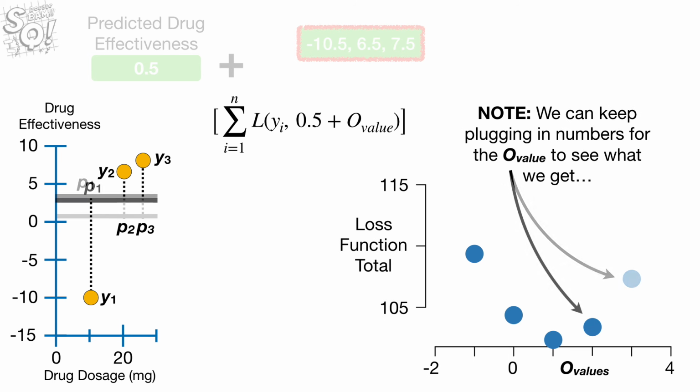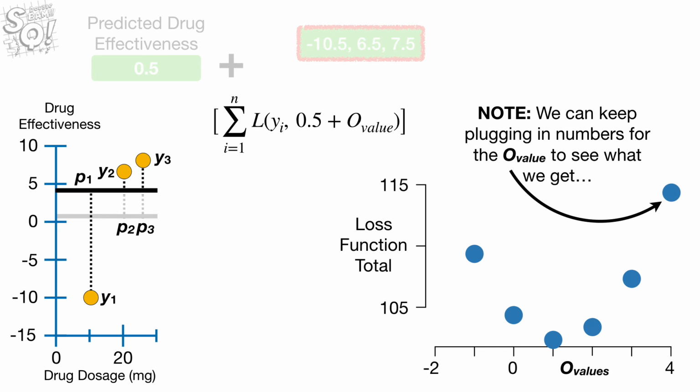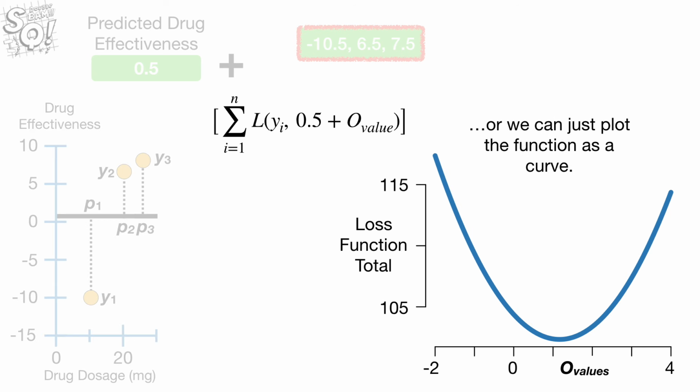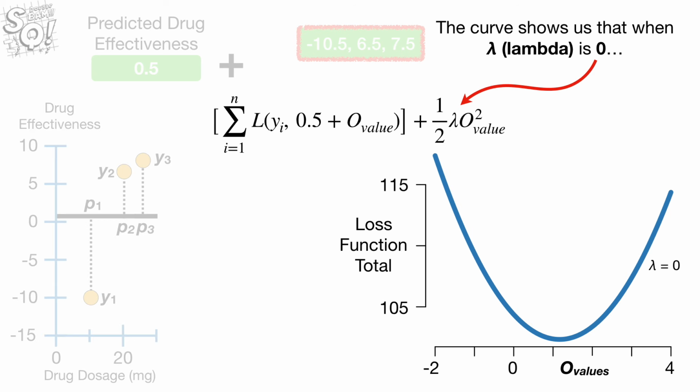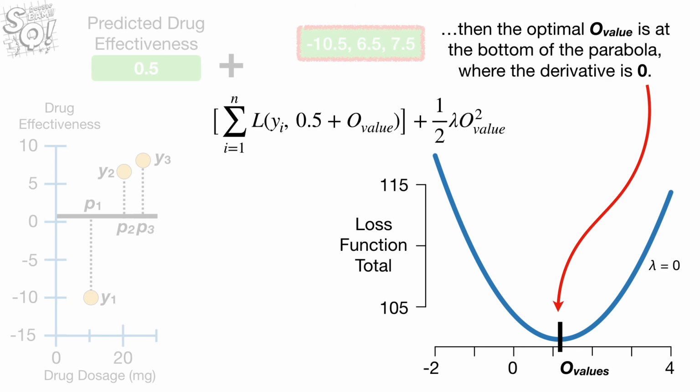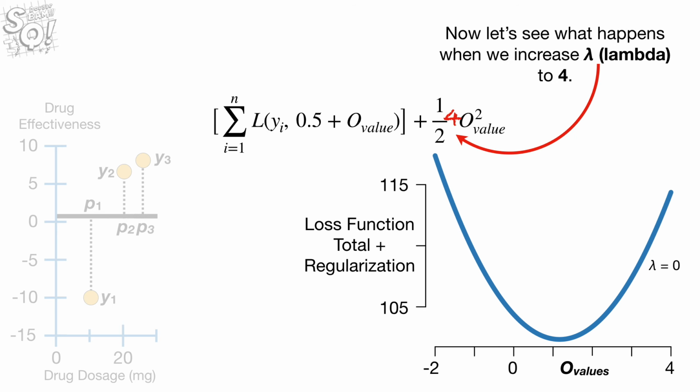Note, we can keep plugging in numbers for the output value to see what we get, or we can just plot the function as a curve. The curve shows us that when lambda is 0, then the optimal output value is at the bottom of the parabola, where the derivative is 0. Now let's see what happens when we increase lambda to 4.